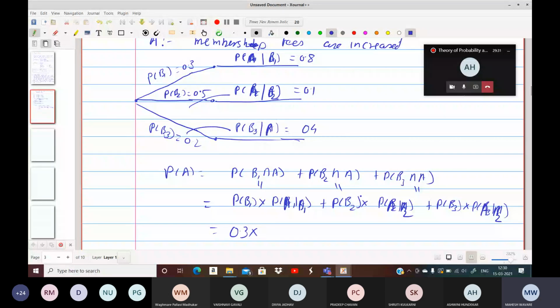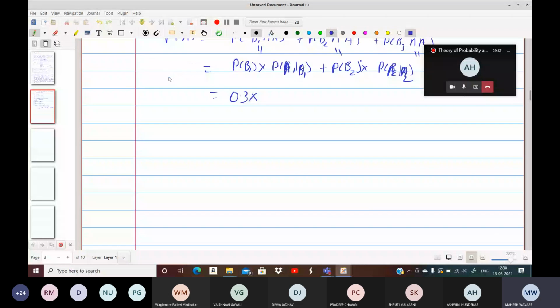So 0.3 multiplied by 0.8, then next 0.5 multiplied by 0.1 plus 0.2 multiplied by 0.4. No, not 0.08.